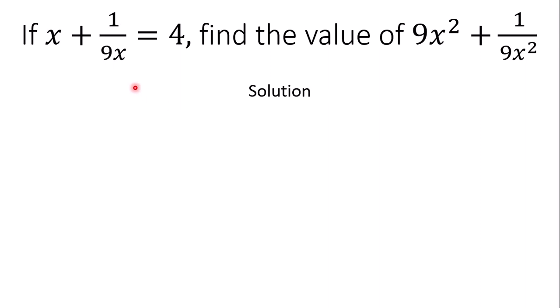So why don't we bring this one down here, work on it to find the value of x, after which we can put it into this expression to find its value. Okay, so let's bring this one down.